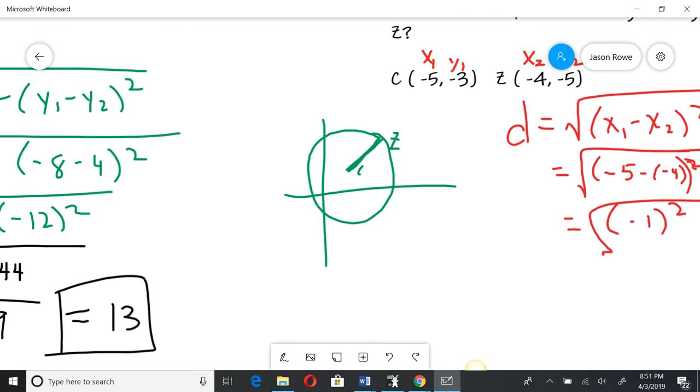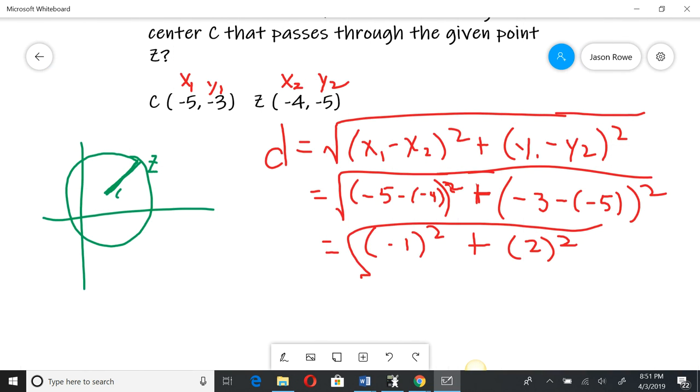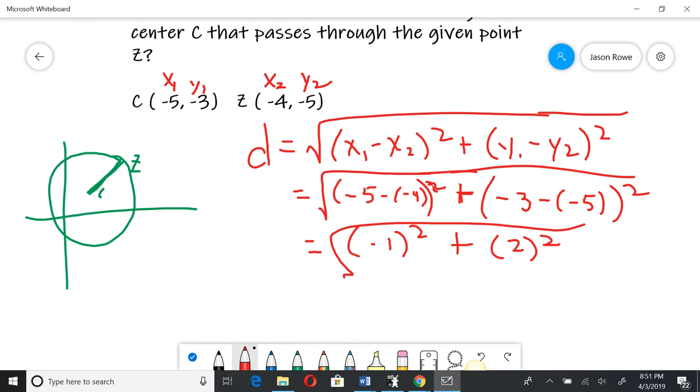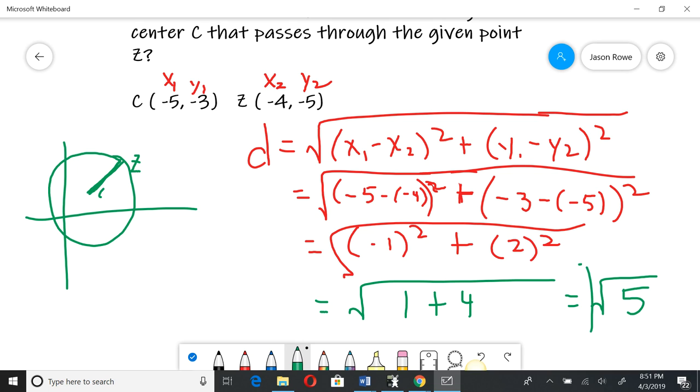And so we've got (-1) squared, which is 1, plus 2 squared, which is 4. And this will equal the square root of 5. Square root of 5 is not a perfect square, so just leave the answer just like that.